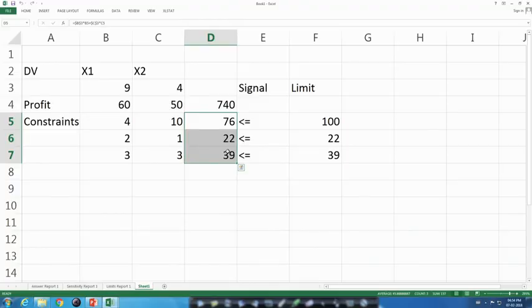Now, after getting the optimum solution, we like to check the constraints. For the first constraint the maximum limit is 100, but the utilization is 76. For the second constraint it is 22, and the availability is also 22. For the third constraint we have reached 39 and the maximum availability is also 39. So, we have discussed the concept called binding and non binding. The second and third constraints are binding, and the first constraint is not binding.